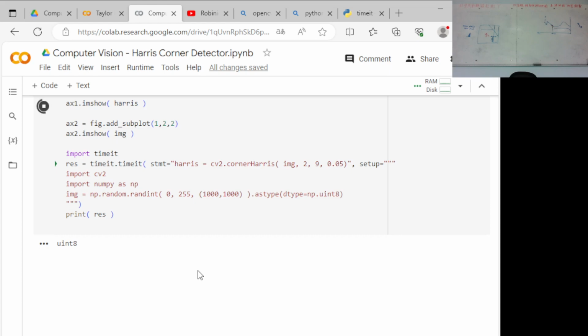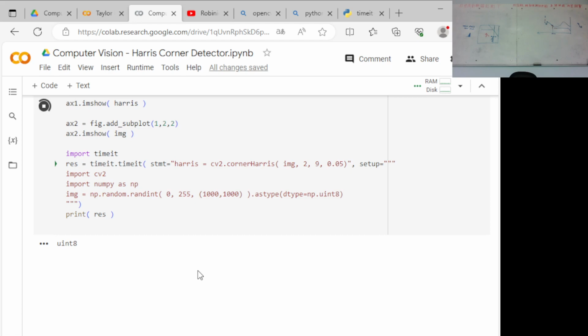Then you can type your assignment. I think the performance is fine.